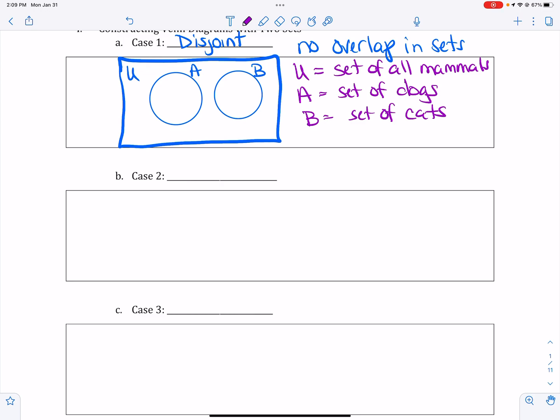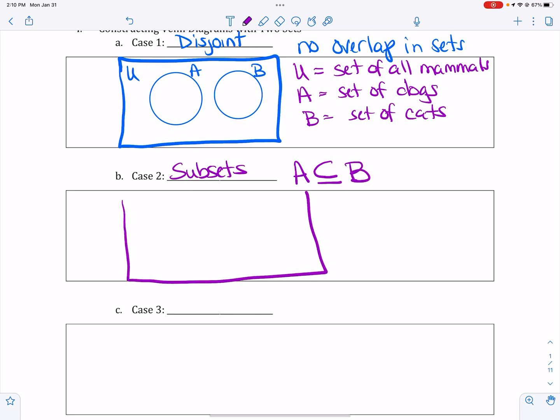Then we have case 2, which is going to be subsets. And so we're going to use this little symbol and say that A is contained in B. So we're going to have our universal set here.